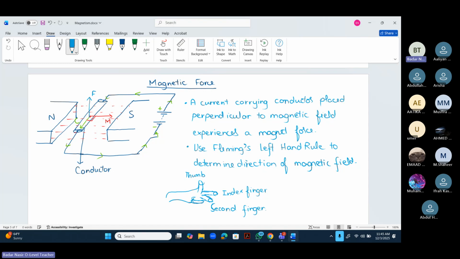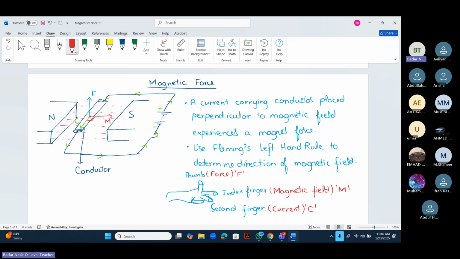अच्छा बेटा जो please remember FMC, father, mother, child. Okay. Now this is F. Thumb indicates force, which is F, and index finger indicates magnetic field, which we denoted with M. And the third one, which is the second finger, gives us the direction of the current, which is C. So father, mother, and child.